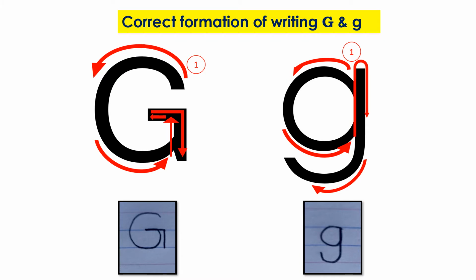Here you can see the correct formation of writing capital G and simple G. See the red arrows carefully. Alright, next you can see how we can write capital G and simple G in your double rule book. Understood?